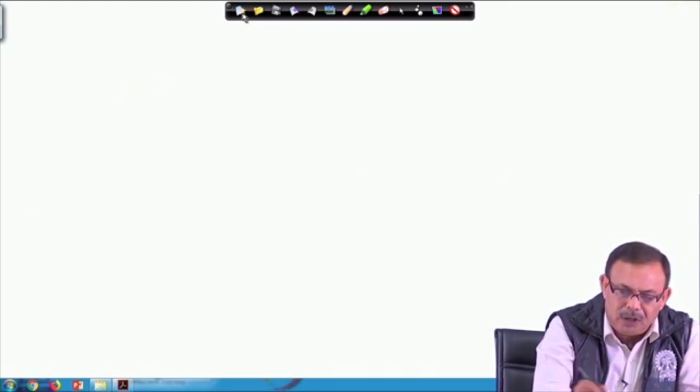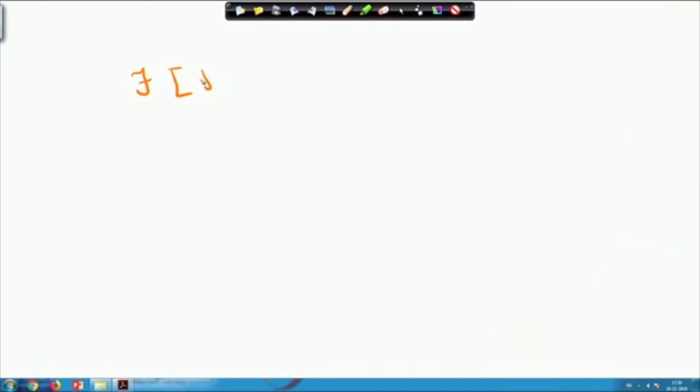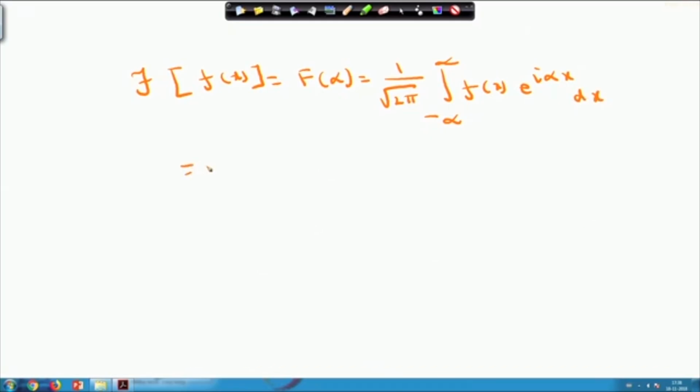Fourier transform of f x equals f of alpha. This equals 1 by root 2 pi, minus infinity to infinity f x into e power i alpha x dx. Here e power i alpha x you can break in terms of cos and sine. So, you can write minus infinity to infinity f x into cos of alpha x plus i sine of alpha x into dx.